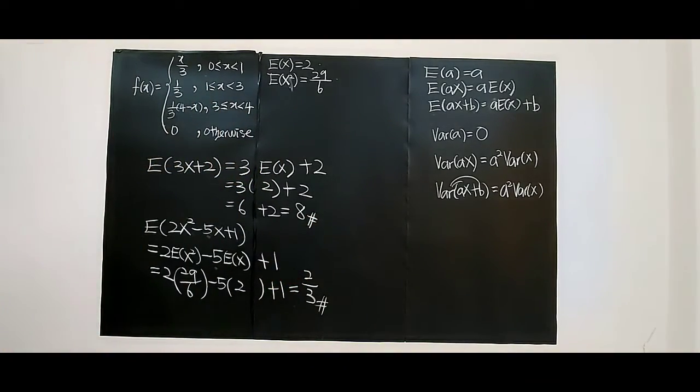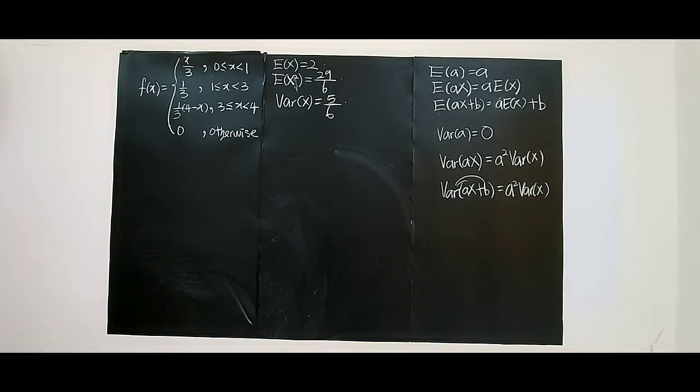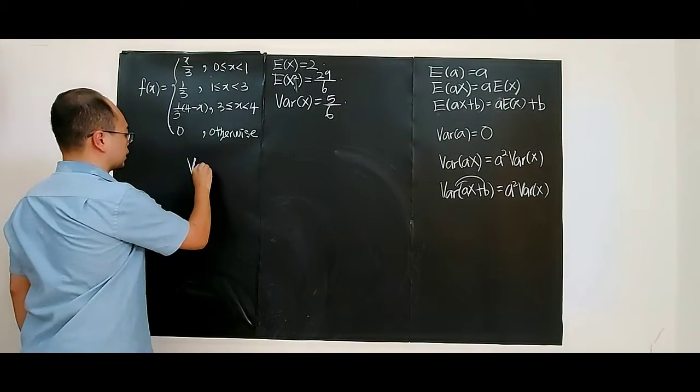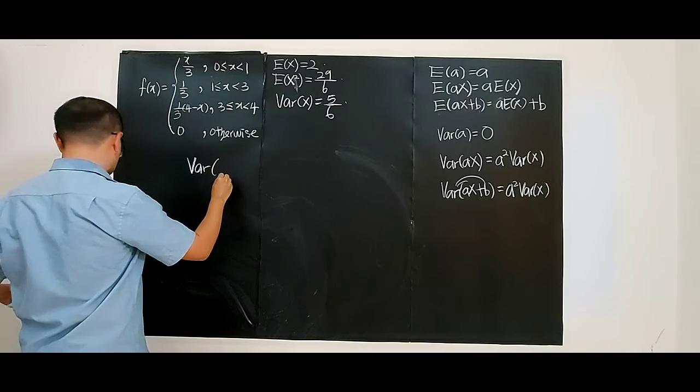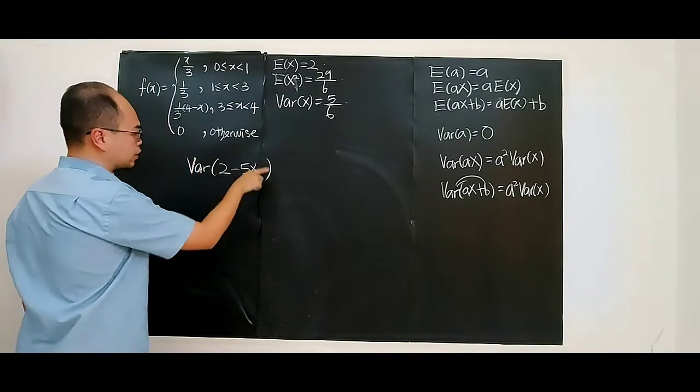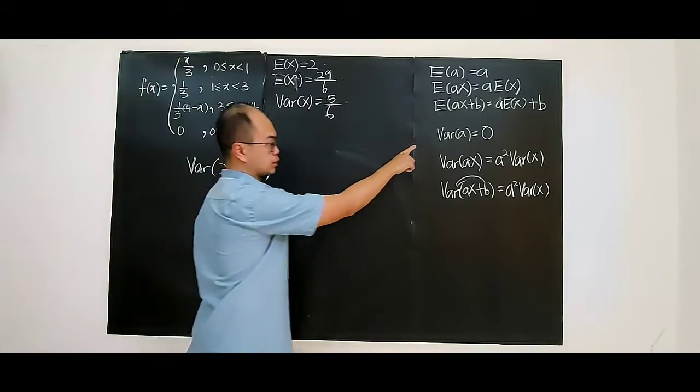Now I'm going to teach you how, if the question asks us to find the variance of 2 minus 5x. We can evaluate the variance by using the properties here.